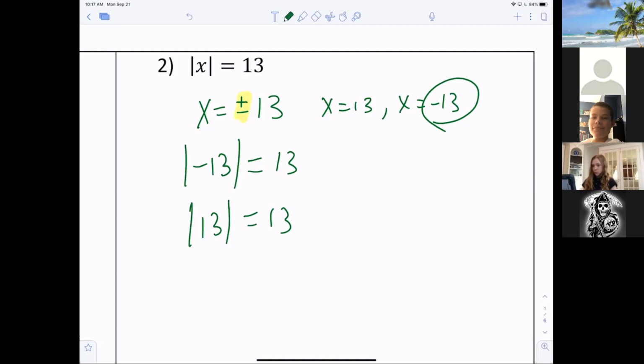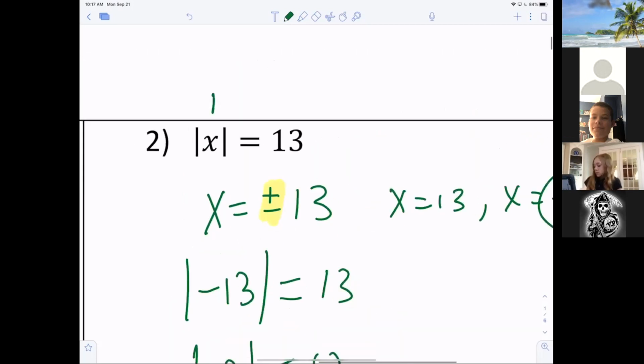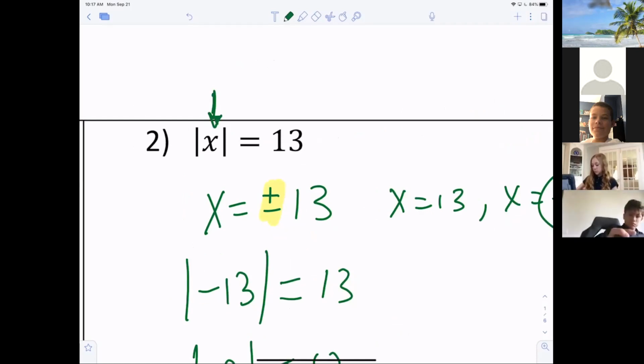We're trying to find what number can I put in here that when I take the absolute value of it, it will be 13. All right, that's the difference. Before I was saying what's the absolute value of negative 13, and you would just say it's 13. Right? The answer was always positive. Now we're going backwards again. All right? So again, two solutions.